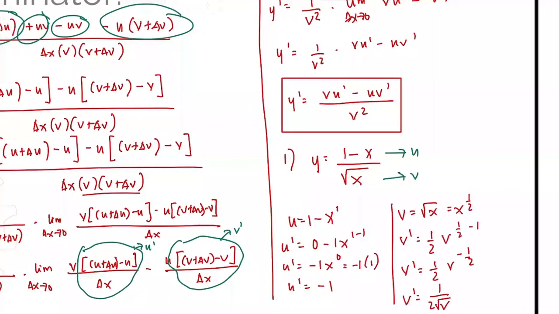Then applying yung formula natin. So y prime is equals to v u prime minus u v prime over v squared. Okay?